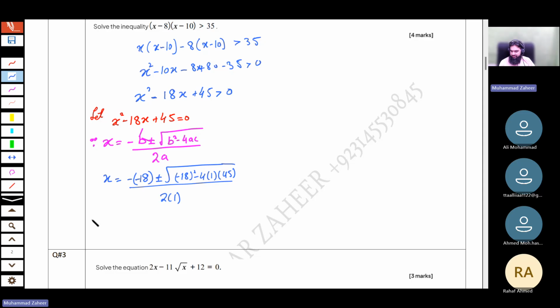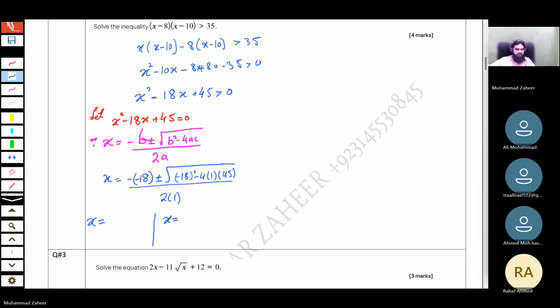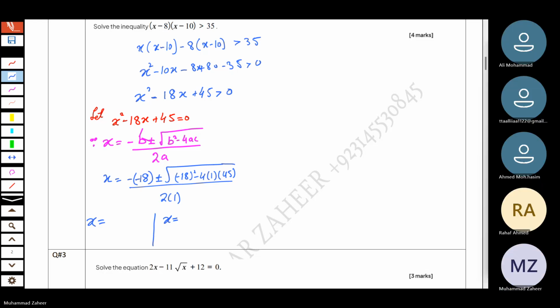Yes, everyone, please use a calculator and tell me the final value of x for the positive value and the final value of x for the negative value. Yes, everyone, what is the answer?